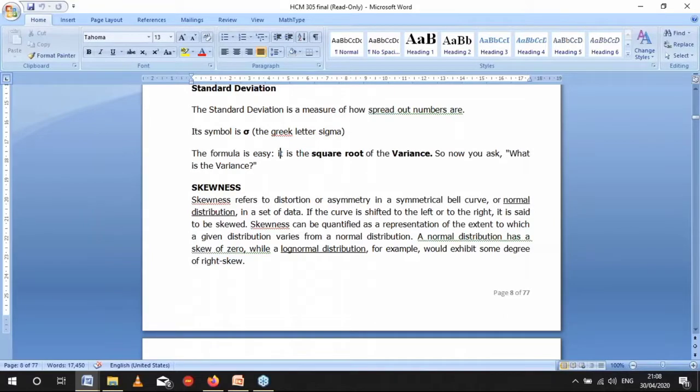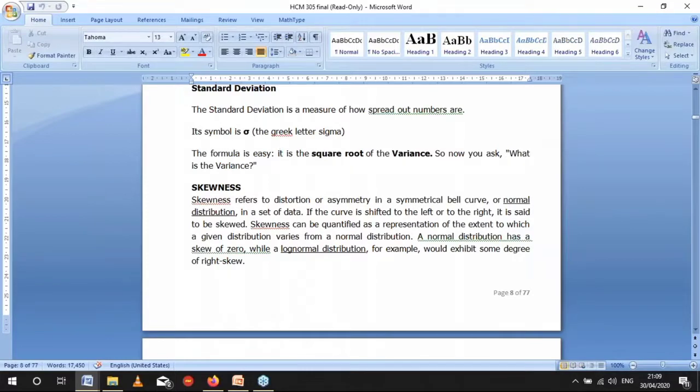Wilcoxon test is a statistical test that is used for comparison of non-parametric data.